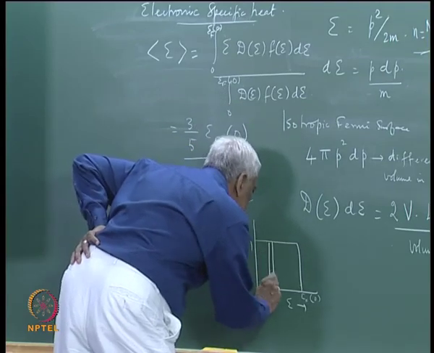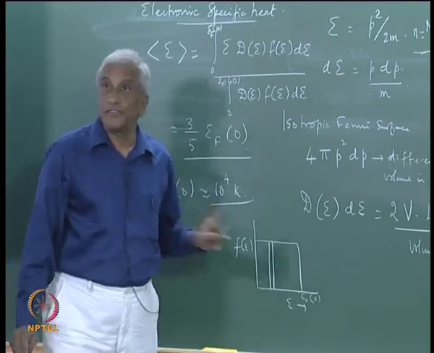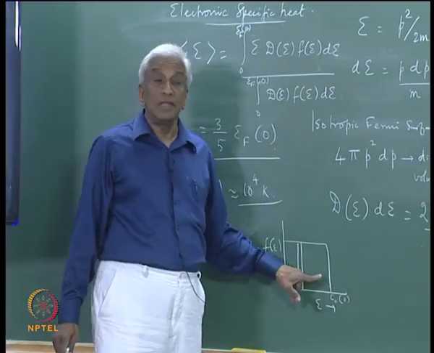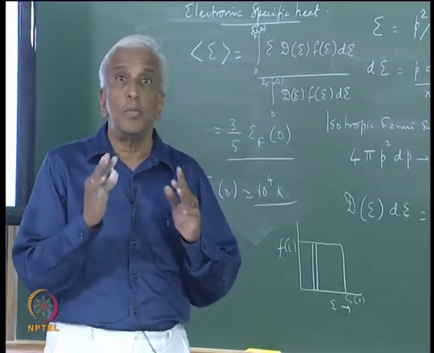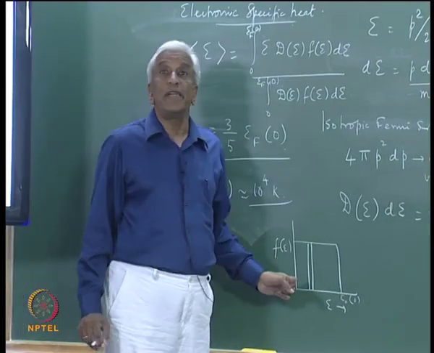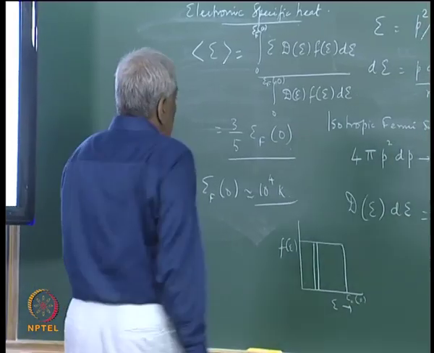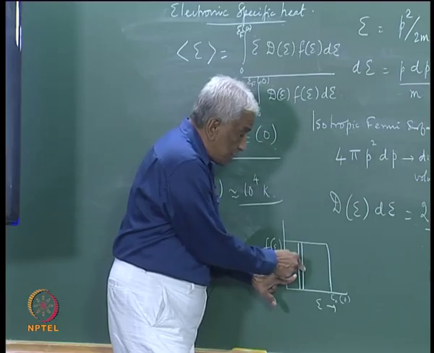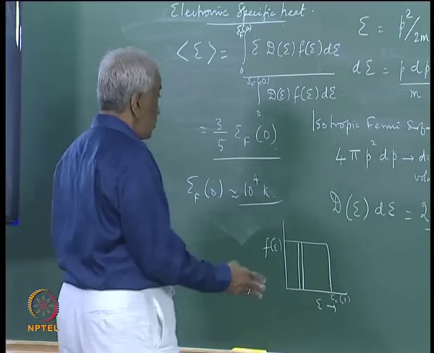So, the excitation is going to shift states from this to this, but remember that these states are all completely occupied and the electrons are subject to the Pauli exclusion principle. That means, if a state is completely occupied already, you cannot put another electron in it. So, excitation from one occupied state to another occupied state in this whole range is not going to be possible.